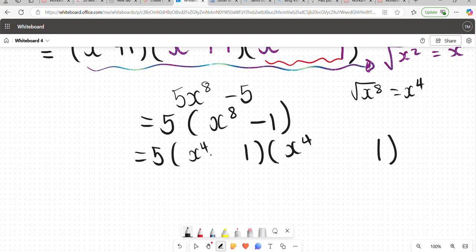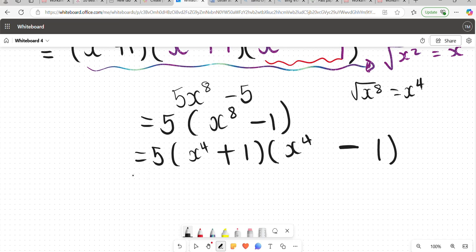I put a 1 there, a 1 there. 1 is positive and 1 is negative. Please don't put both of them as positive and don't put both of them as negative. 1 needs to be positive, 1 needs to be negative. Where you put the negative, where you put the positive, it does not really matter, but they have to be one positive and one negative.